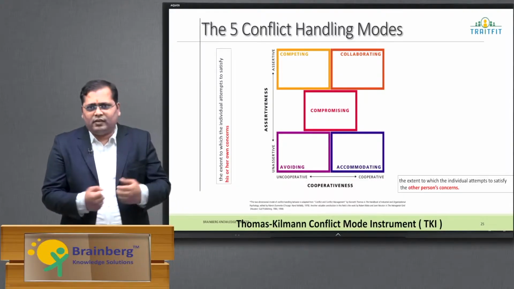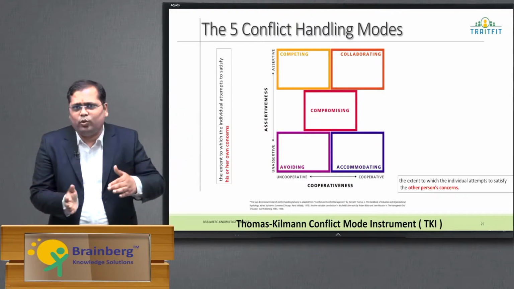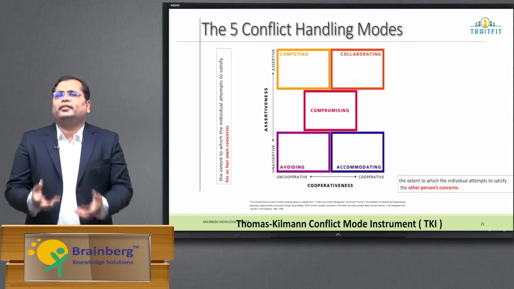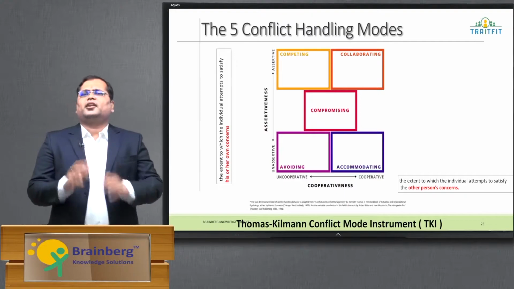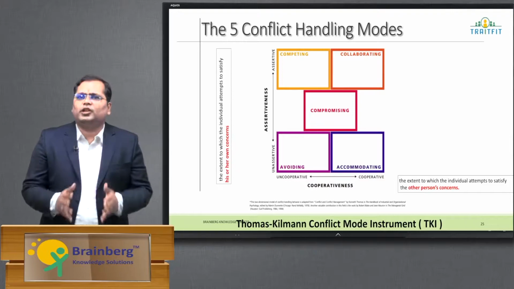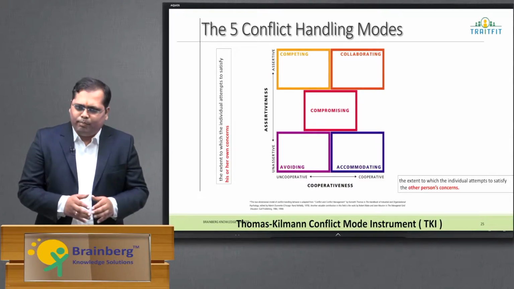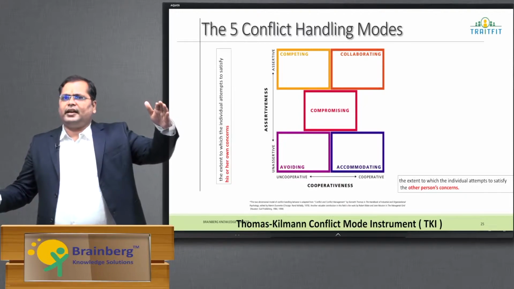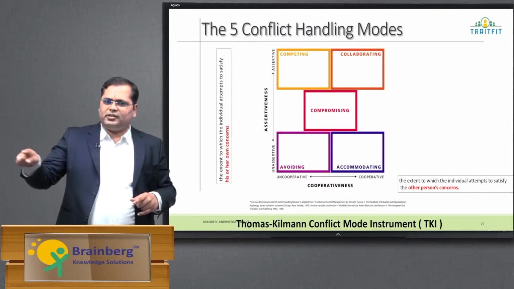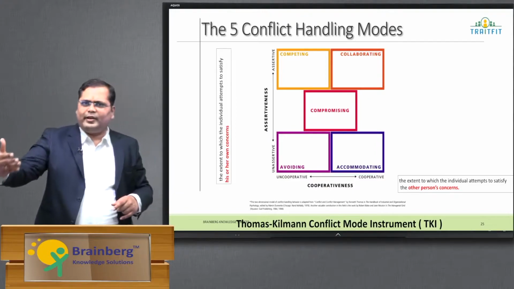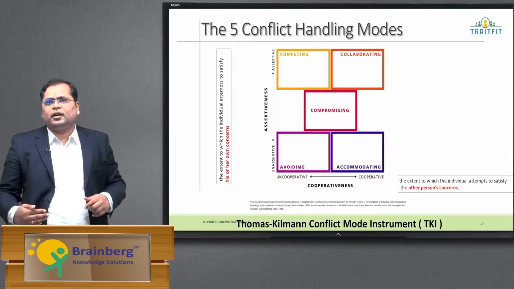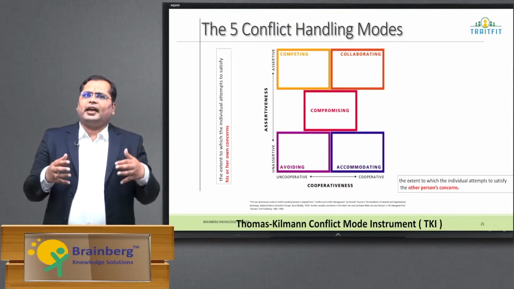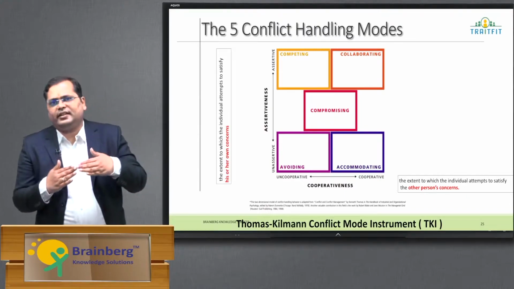When both areas are low, like you are less in cooperation and less in assertiveness, you will be in a state of avoidance. You will not look at the conflict at all, you will ignore the conflict. If both the cooperation and the assertiveness are high, you'll lie in the quadrant which is about collaboration, where you'll try to accommodate the other person's views and you'll also be expressive about your views and ideas, leading to a collaborative state.